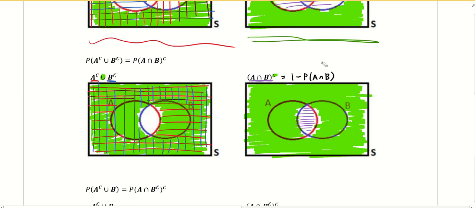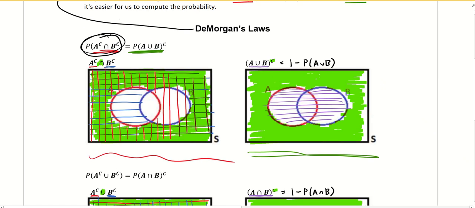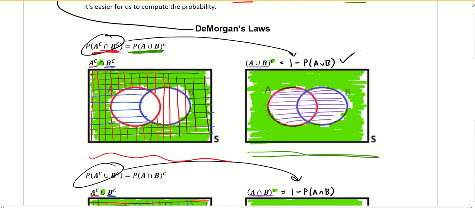So again, the whole idea behind deMorgan's is taking something tricky, this or this, and translating it into an easier to calculate expression, this or this. Of course, if you're starting with something like this, you don't have to use deMorgan's.